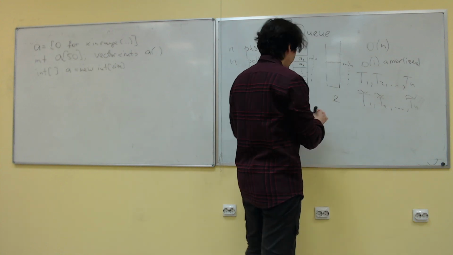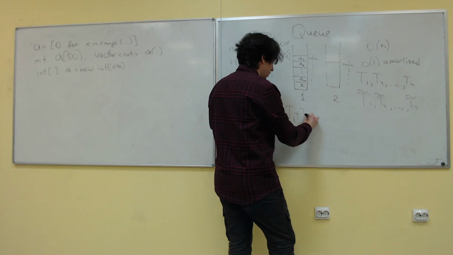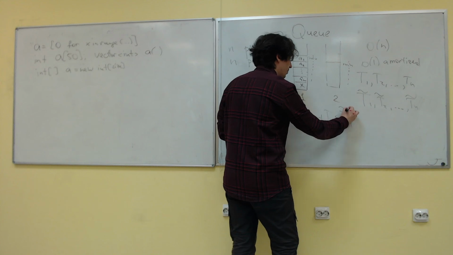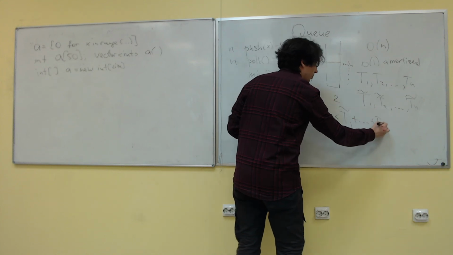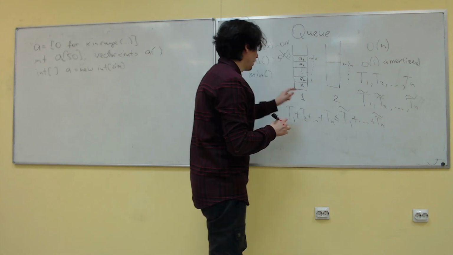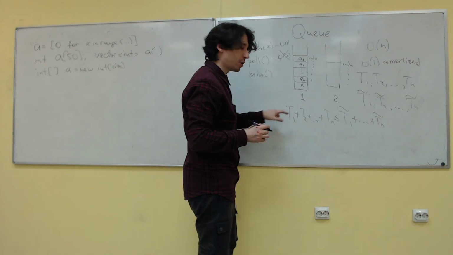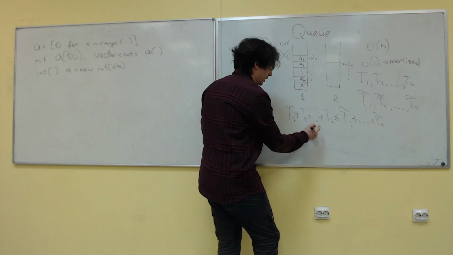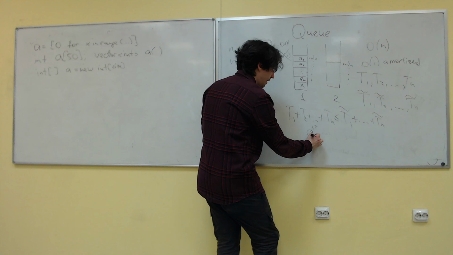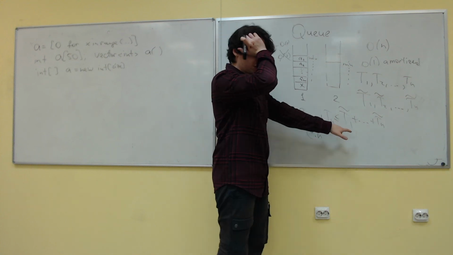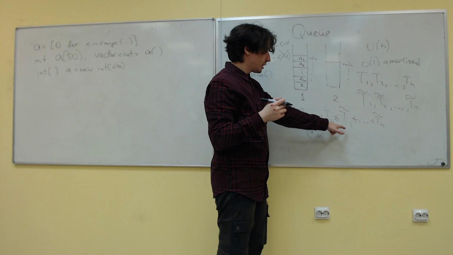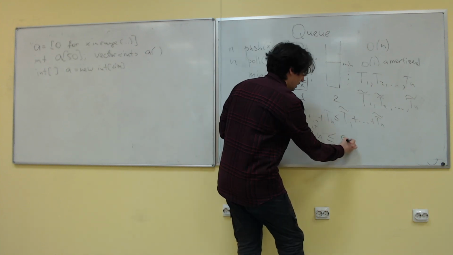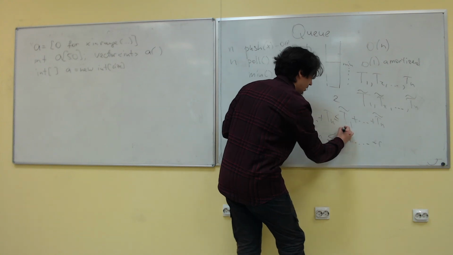The time is amortized if t1 plus t2 plus up to tn is less than or equal to n times this amortized time. For example, in this case, we know that the total number of operations is less than c times n, and we can take that each operation costs O of c.